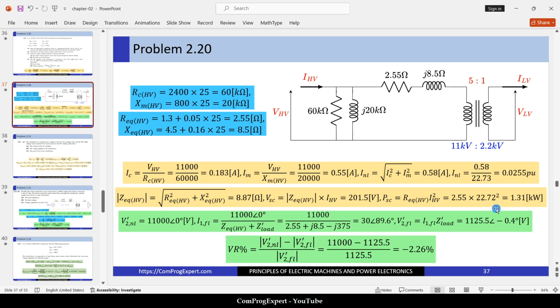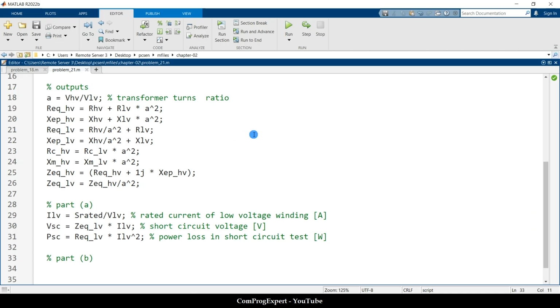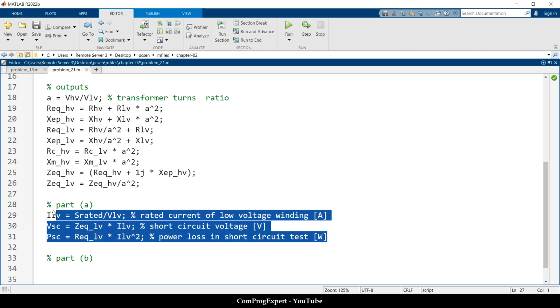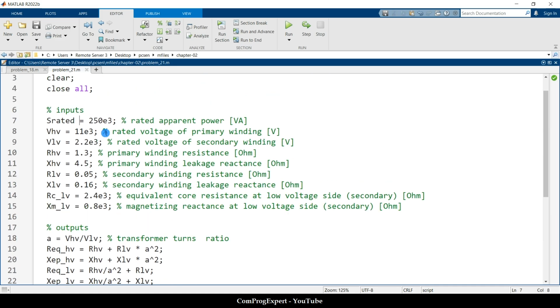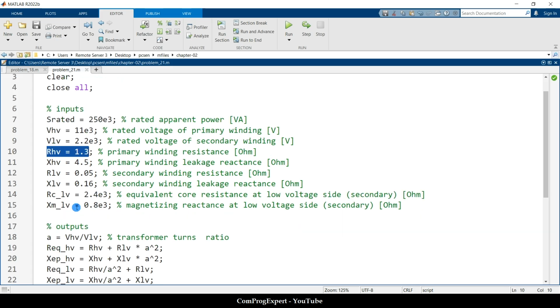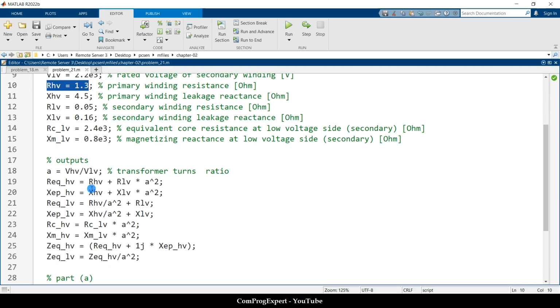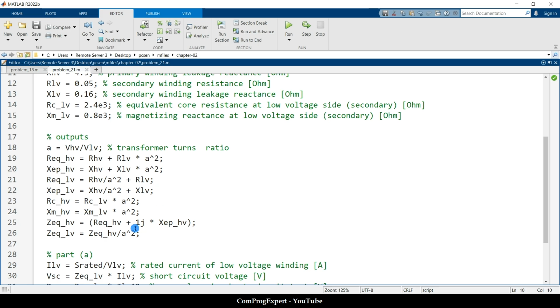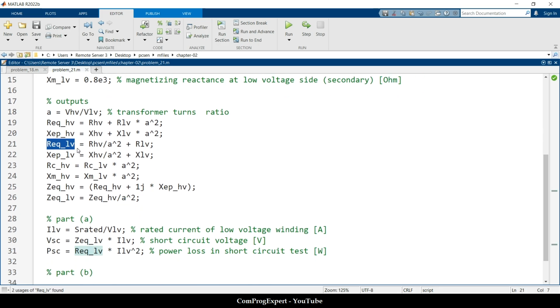So here also I wrote this M file for the part A. Here we have these parameters for the transformer, the rated apparent power, the voltage, the value of the resistance, leakage reactance, and the core resistance, and so on. Here are transformations. This is the value of the R equivalent for the low voltage side, and this is the value of the X equivalent for the low voltage side.